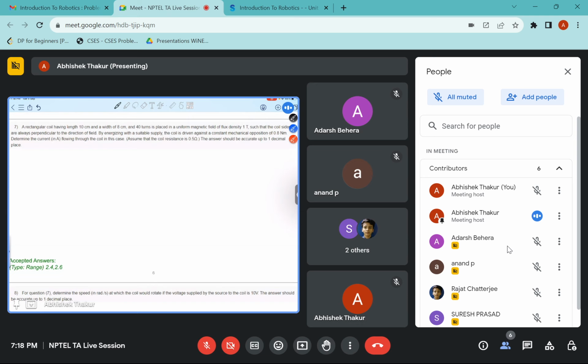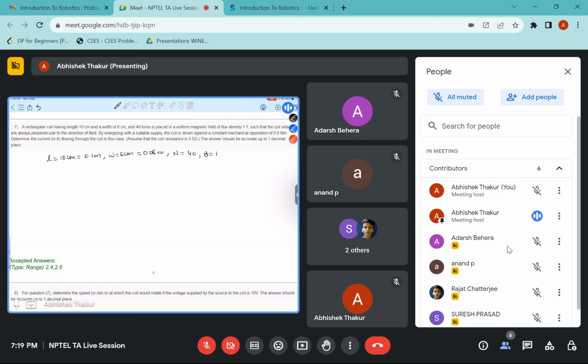So we move on to the next question. It is given that a rectangular coil having length of 10 centimeter. So length is equal to 10 centimeter, that is 0.1 meter, and the width is equal to 8 centimeter, and number of turns is 40, that is placed in a uniform magnetic field of flux density 1 Tesla.